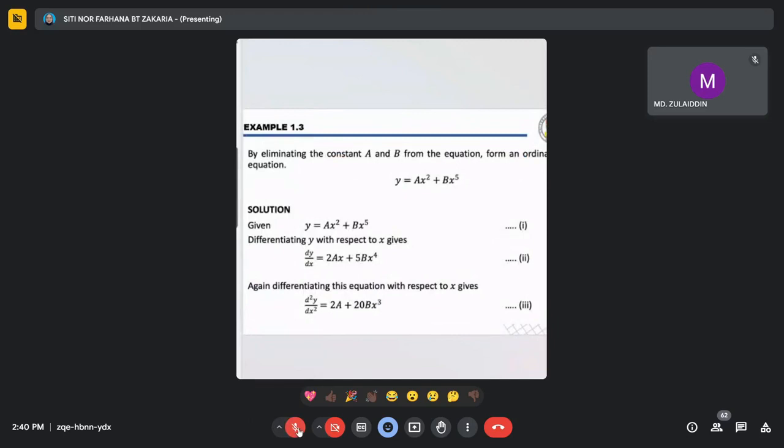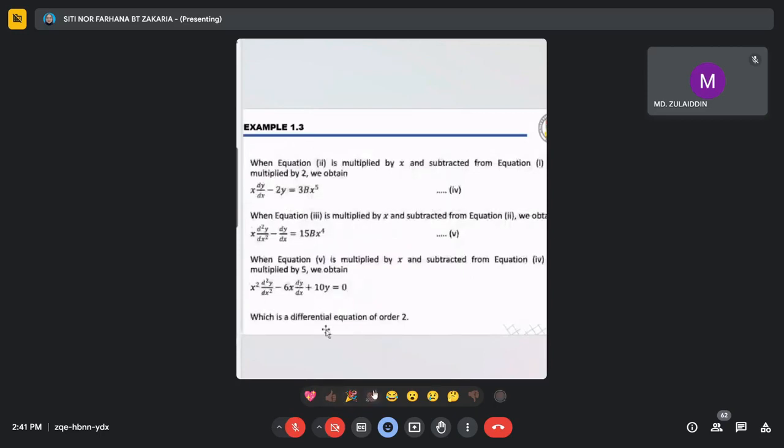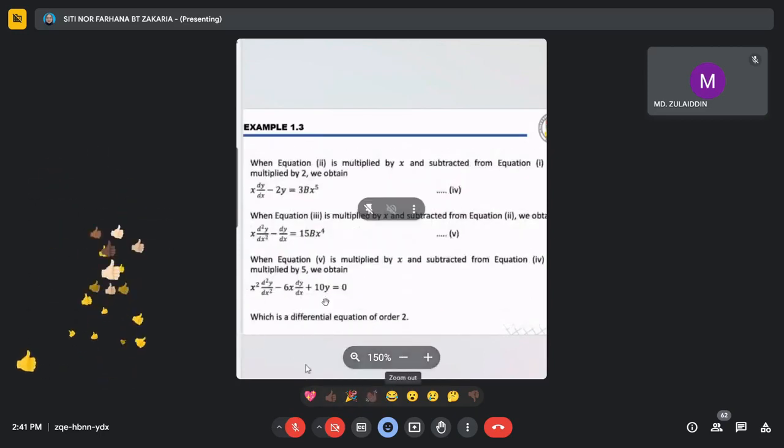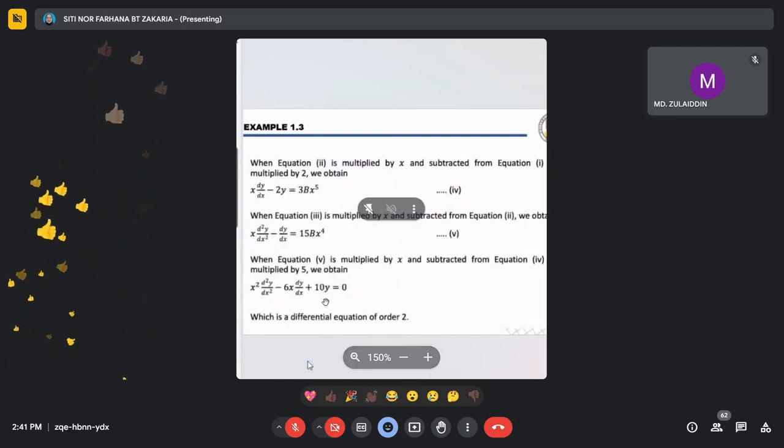So first differentiate, you will get this equation, and second differentiate, you will get this equation. So this is your final DE for this function. This function is equal to the solution of this one. Okay? Boleh?